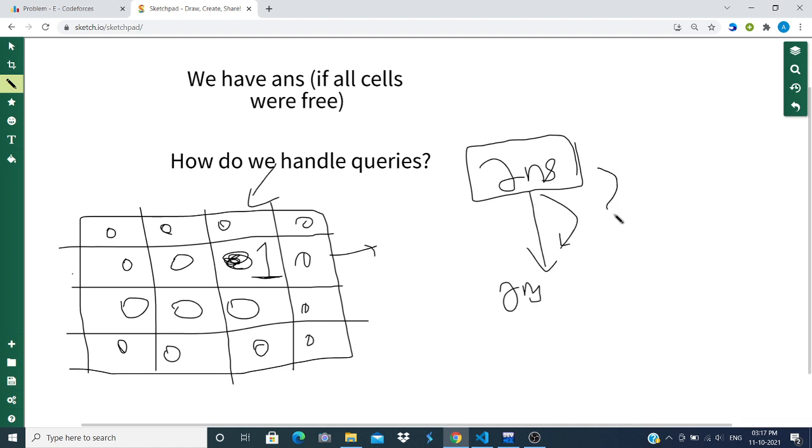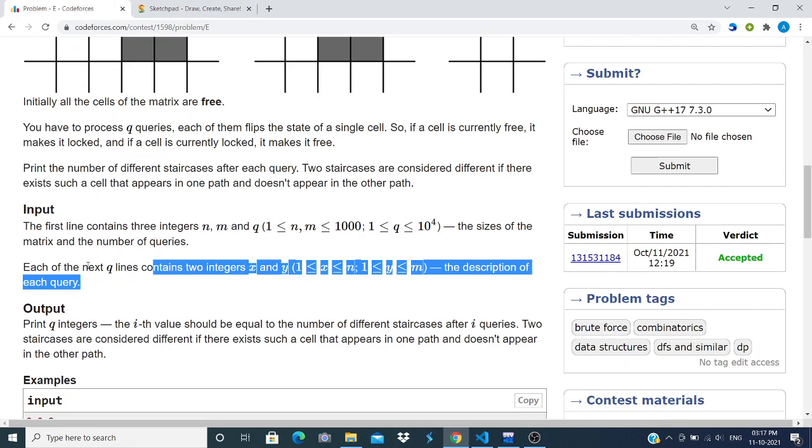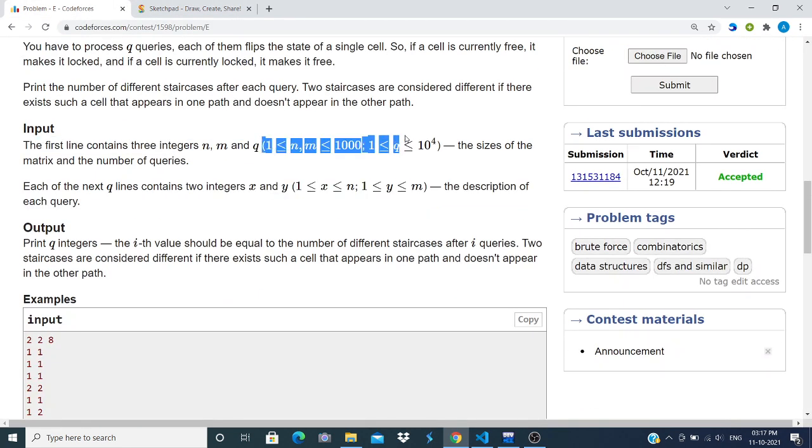If we can somehow do this in order of n or m time, then I think we will pass the test cases, because the number of queries is 10 to the power 4, and if you multiply it with n or m, it will be 10 to the power 7.